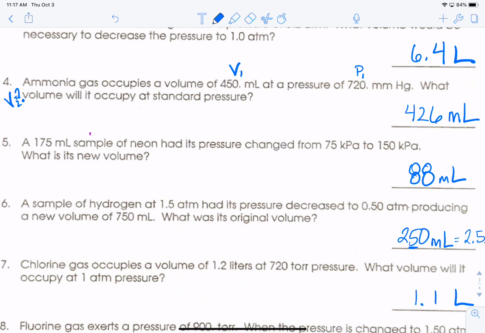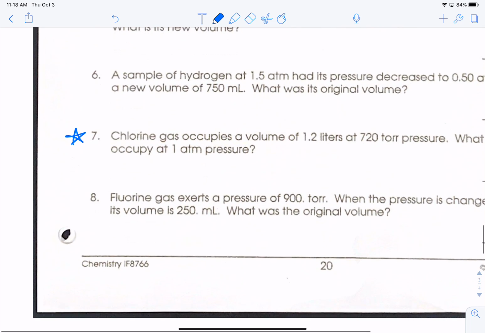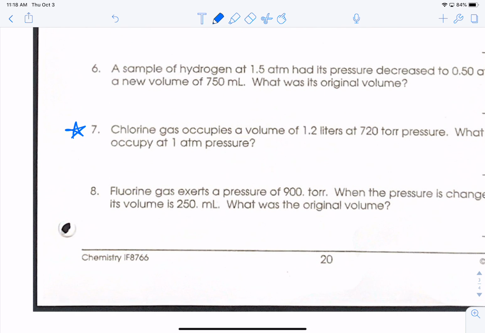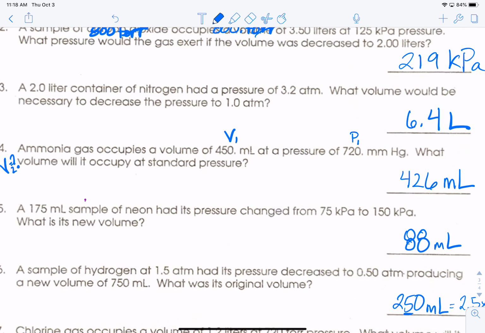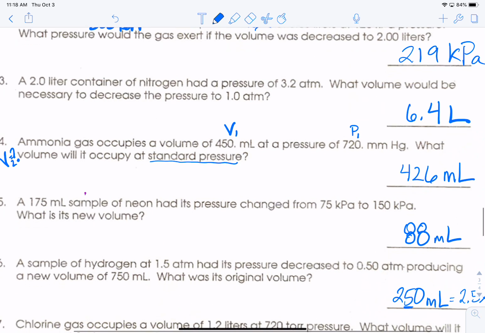Which one shall I choose for this problem? Which unit is my pressure given in? Millimeters mercury. So let's go ahead and use the one for millimeters mercury. So my standard pressure, this is going to be our P2, and standard pressure is 760 millimeters mercury.